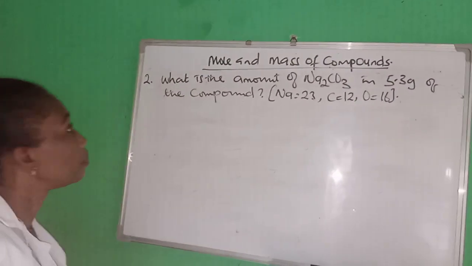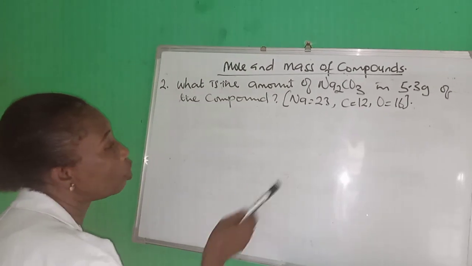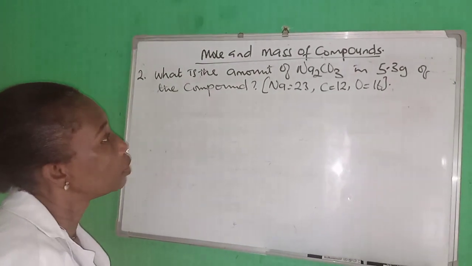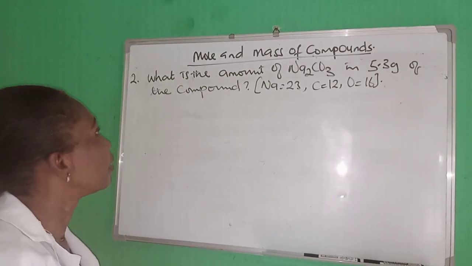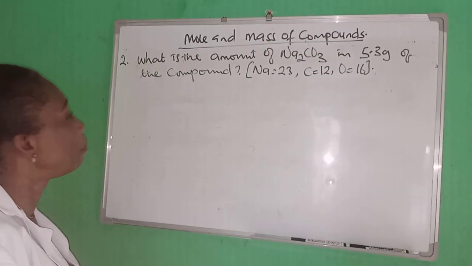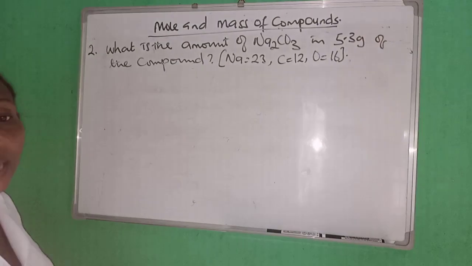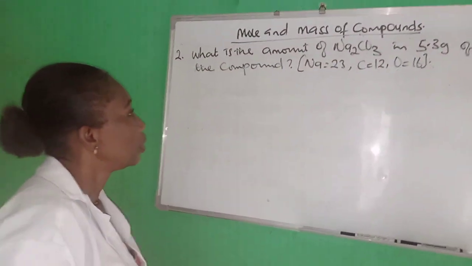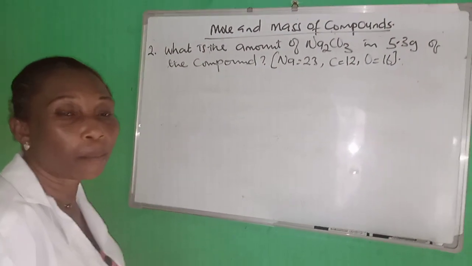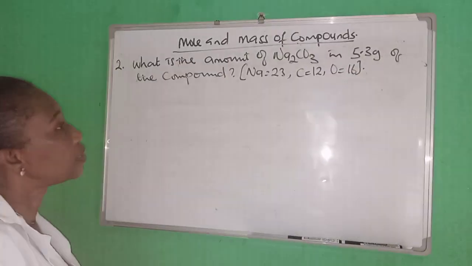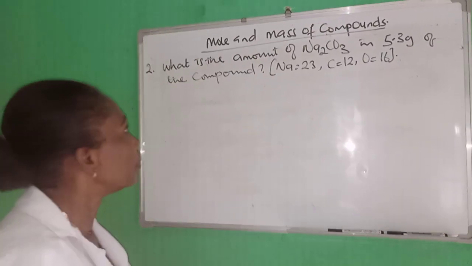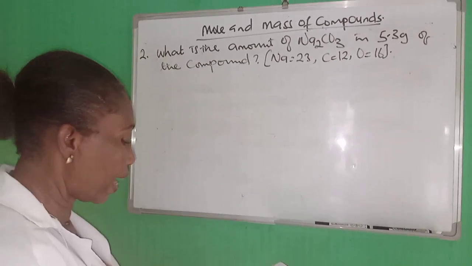Second question. What is the amount of sodium trioxocarbonate(IV) in 5.3 grams of the compound? Find out the amount. When we say the amount, we mean mole. Another name for mole is amount, and the symbol for mole is n. So we apply it here.